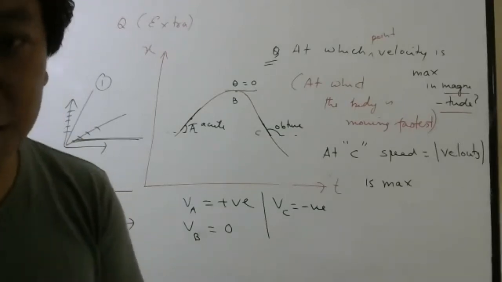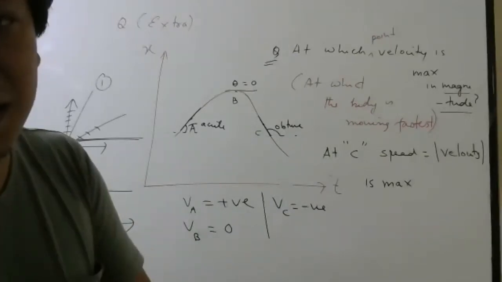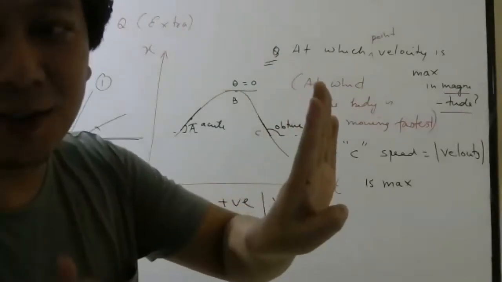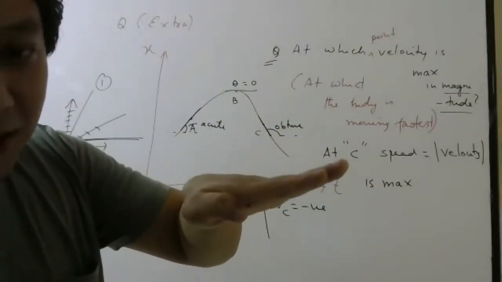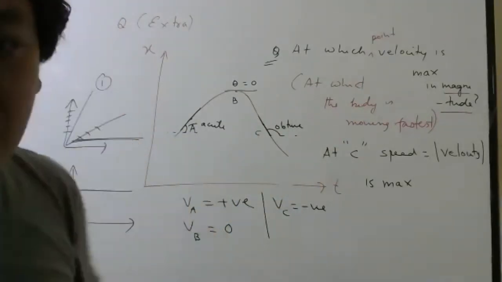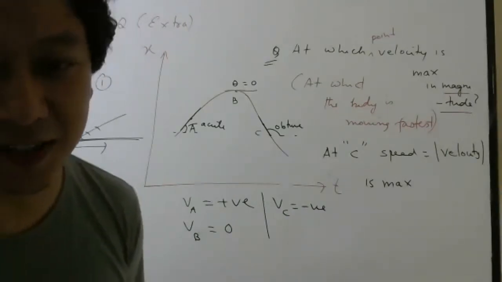If tangent is exactly vertical, it is impossible. If tangent is more vertical, tell me, is the car moving faster or slowly? Faster. Okay.